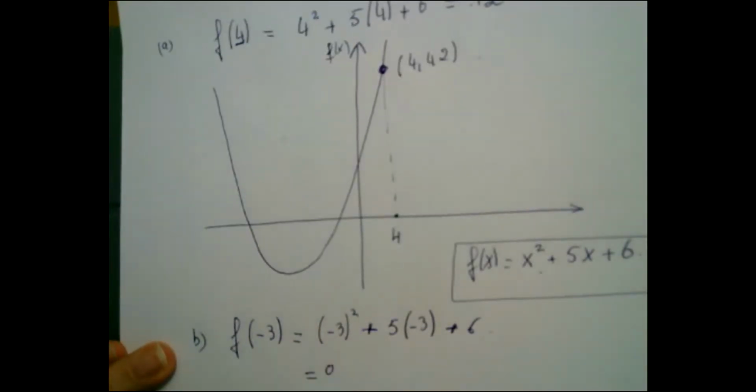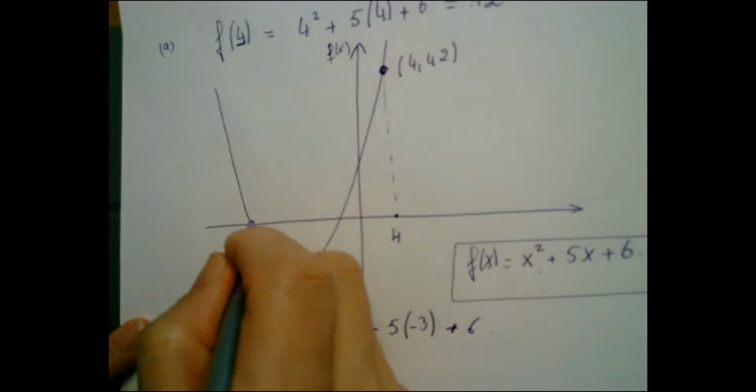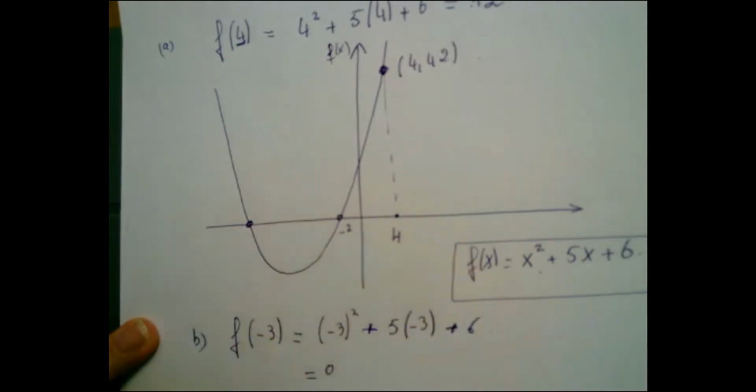Zero. Yeah, 0. What is it on the graph? It means the function takes -3 to 0. It's going to be right here, because this is eventually going to be the -2 and this is the -3. That's really the point we're looking for. It means the function takes the input of -3 to an output of 0.